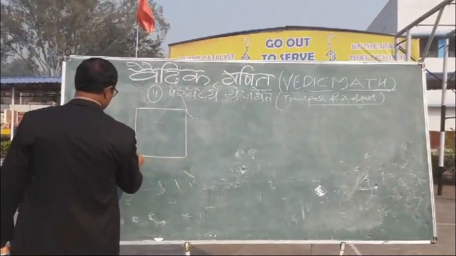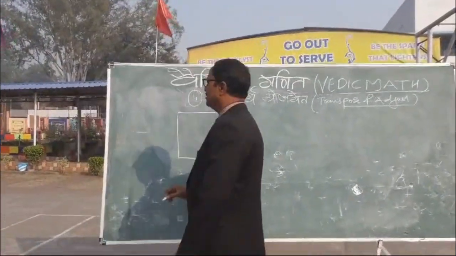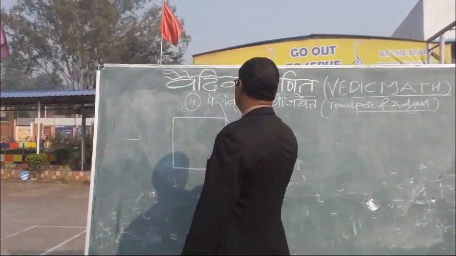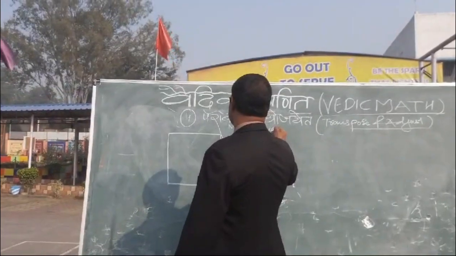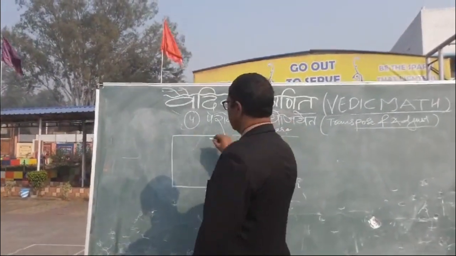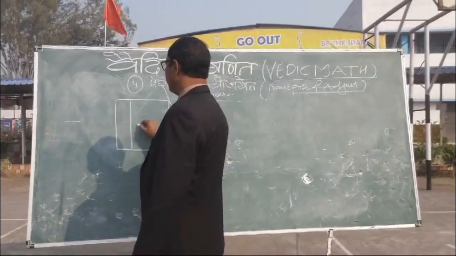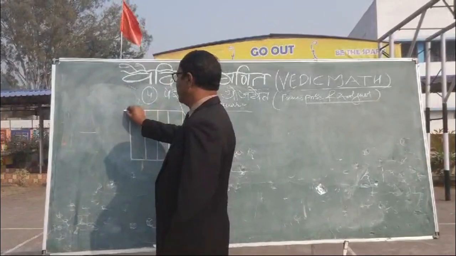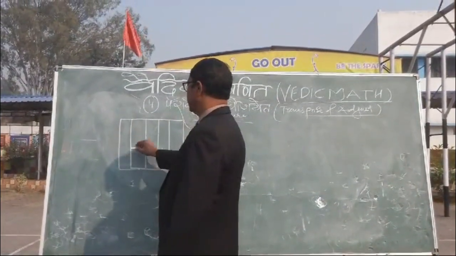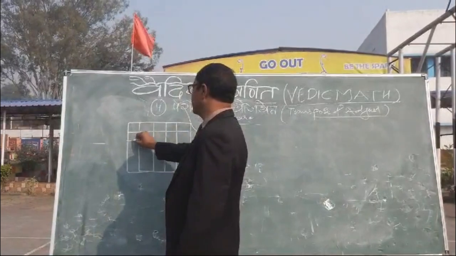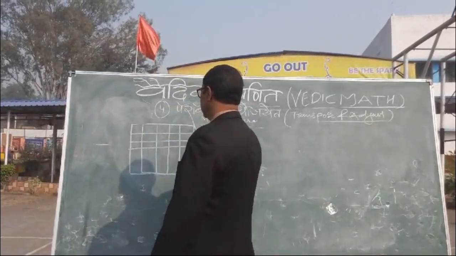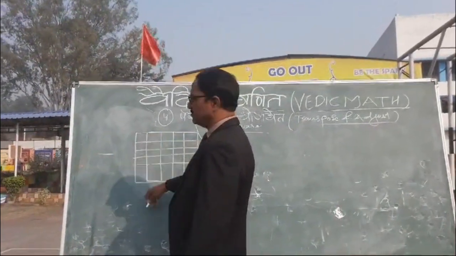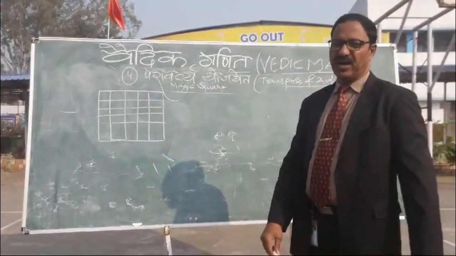It has a beautiful application to make a magic square. Magic square. Suppose you are to make a 5 into 5 grid.